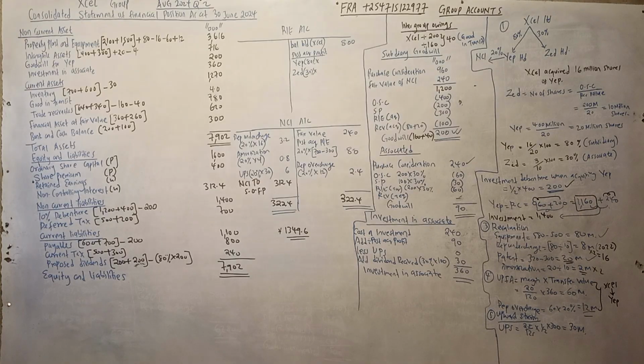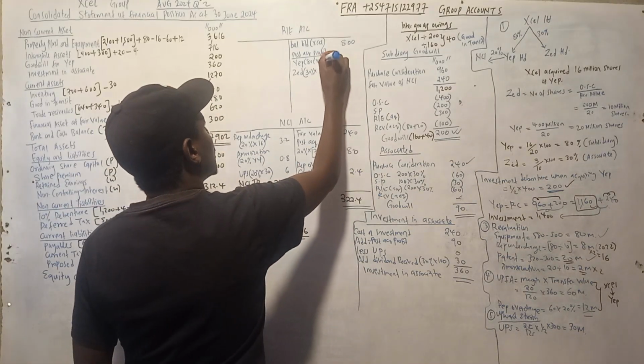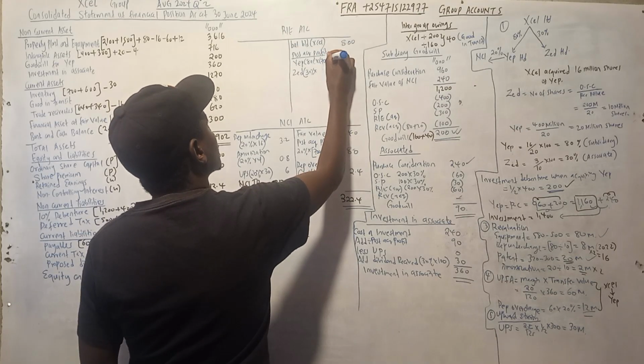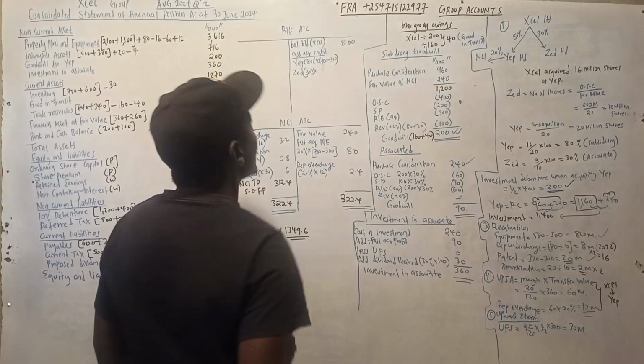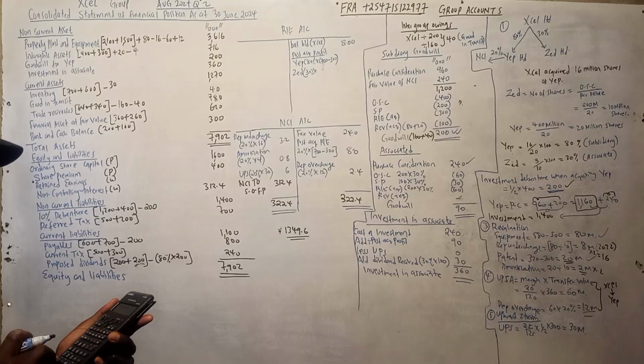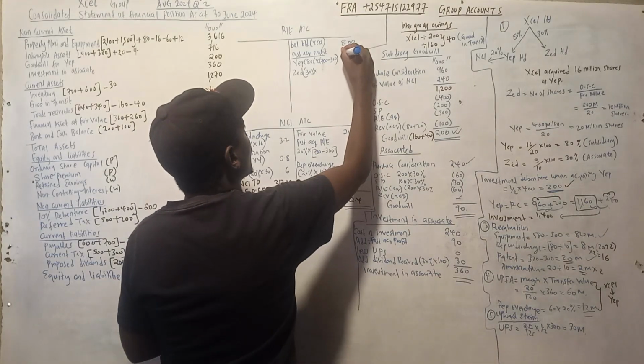For YEP, retained earnings at the balance sheet date is 700. We have it here at 700 minus 300. So how much is it? 700 minus 300 times 0.8 is 320.